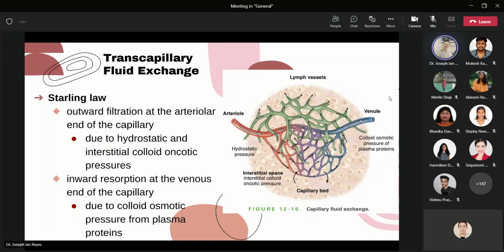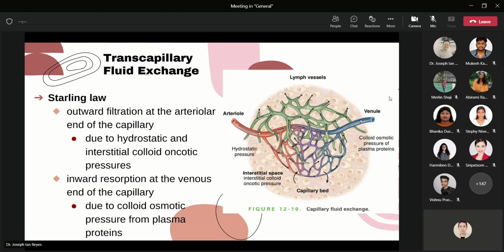Blood circulates from the arteries to veins through capillary beds, as we all know. So traditionally, fluid shifts between the plasma in the intravascular space and the tissue interstitial space. And we have the Starling law to describe those movements.